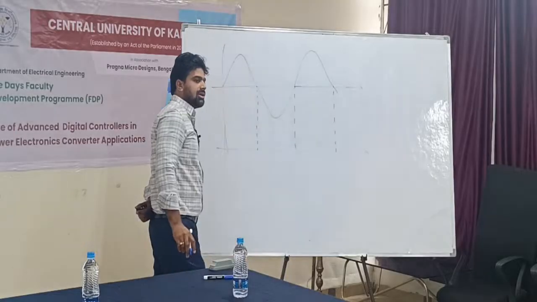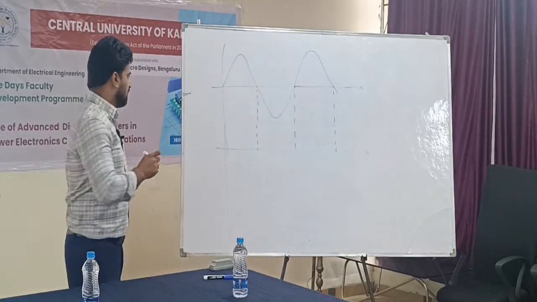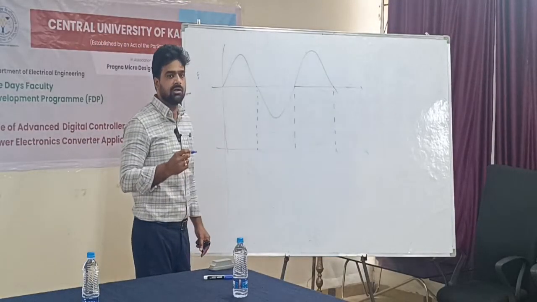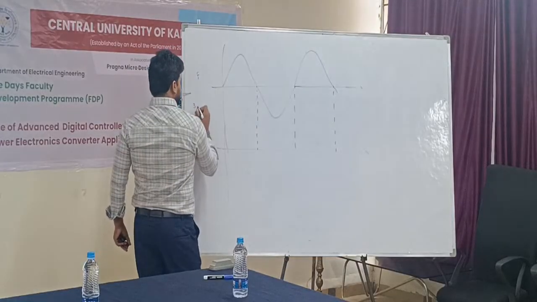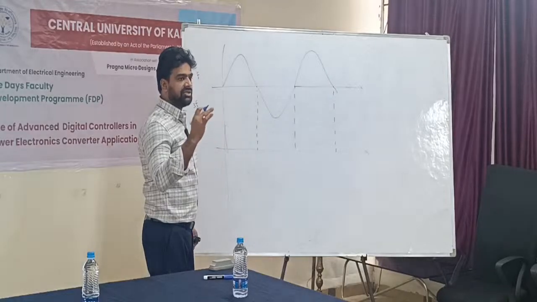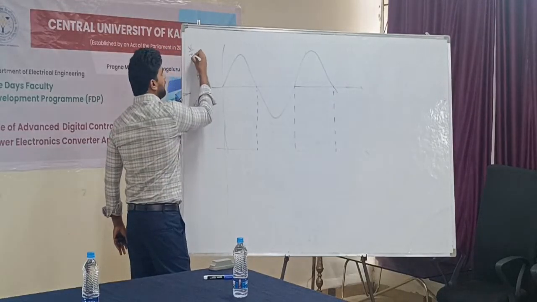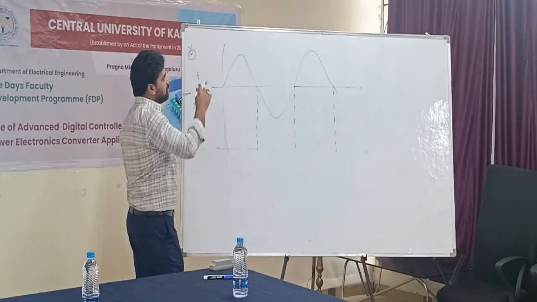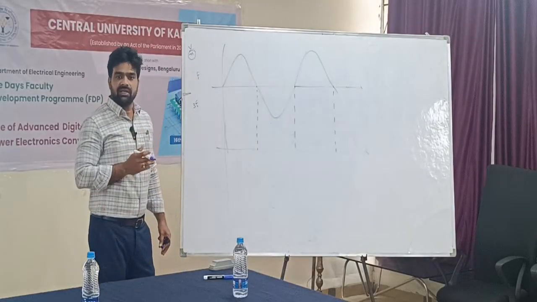Now if I say a third order harmonic is there in a network, what is the frequency of the third order harmonic? 3 times the frequency, so we call the frequency 3f. Of course, the magnitude will be less, because if n is the harmonic number, the voltage of the nth harmonic decreases by a factor of n.